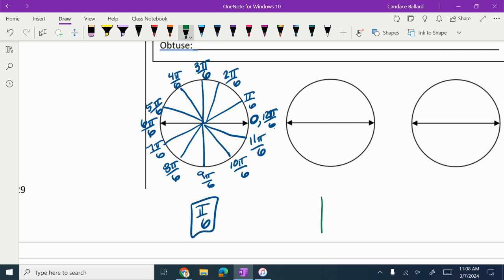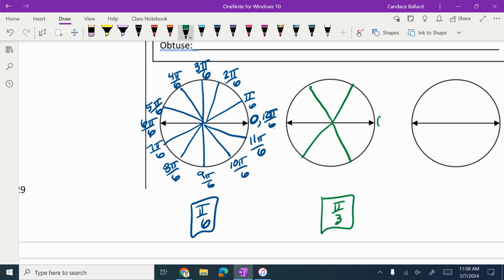Okay. I am going to do the pi over 3 circle next. Okay. So if my denominator is 3, how many wedges am I dividing the top half into? 3. So I've got to divide it into 3 wedges. All right, we're going to count.